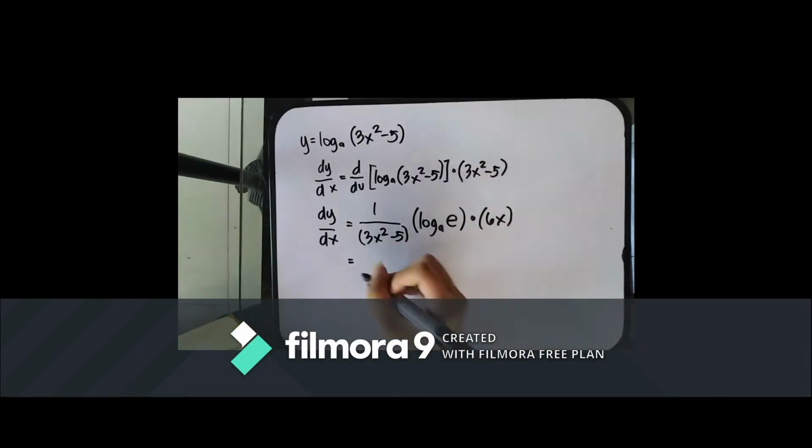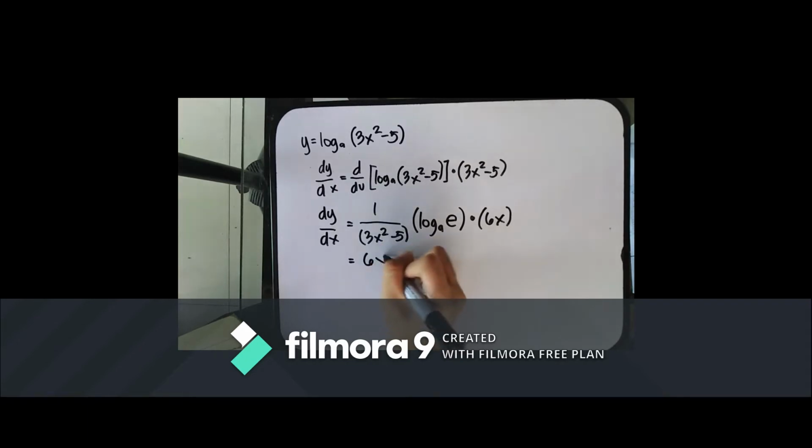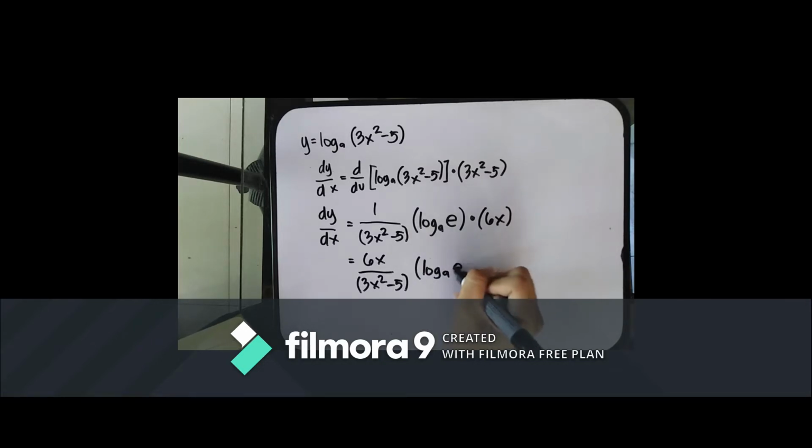So the answer here is 6x over 3x squared minus 5 times log a e.